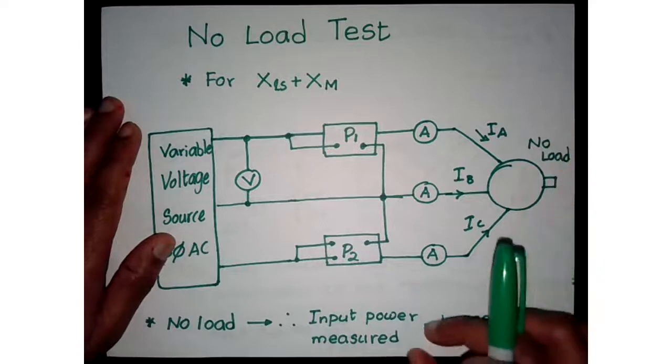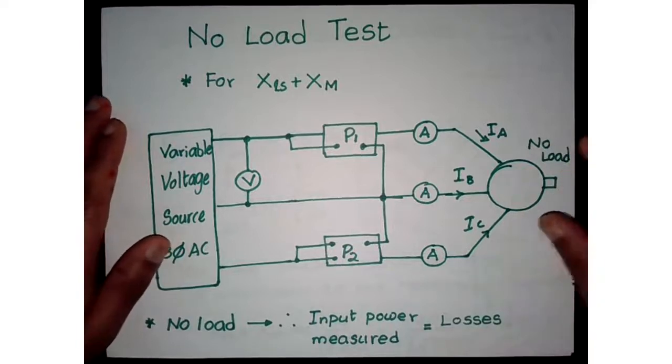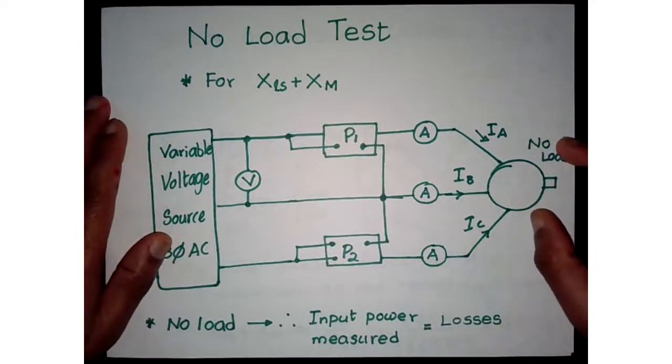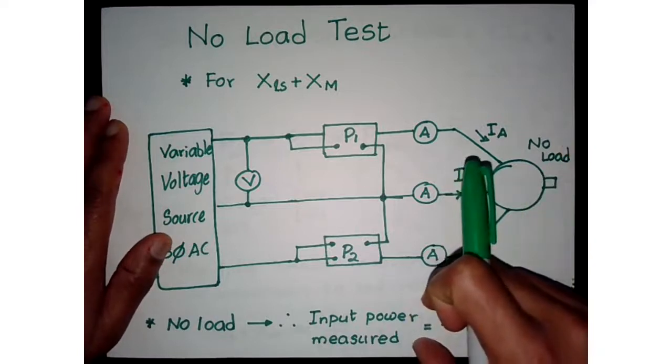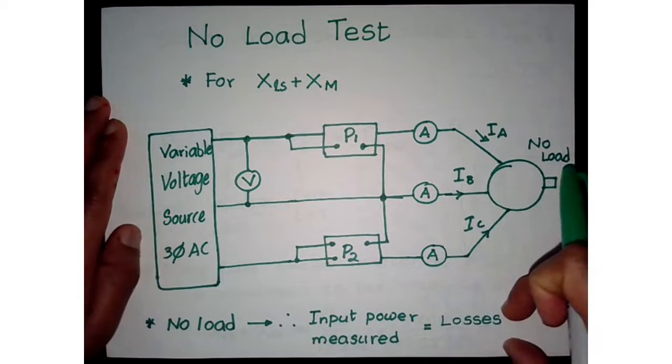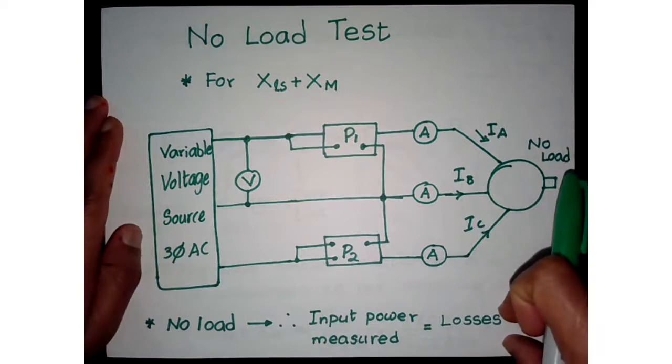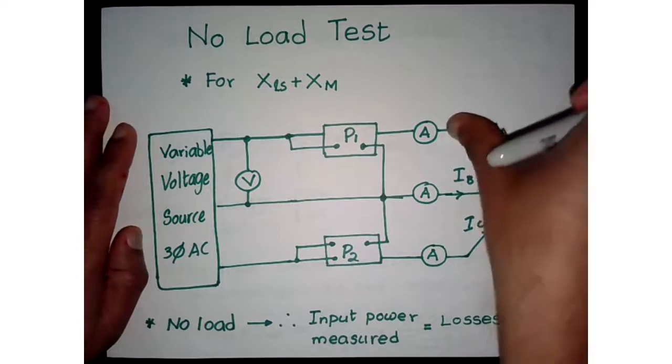Since there is no load connected to the machine, the total power applied goes to the contributions of the losses, right? The losses of the machine.